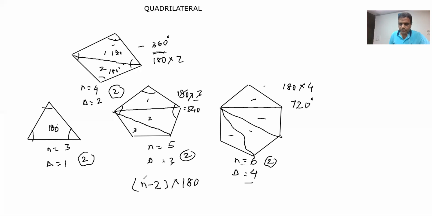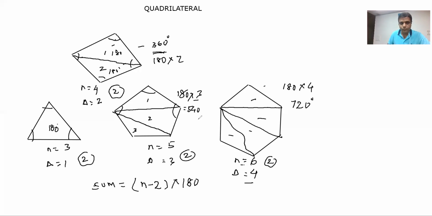Now n can be 3, 5, 7, 10, 15, 20, and so on and so forth. I can find the sum of all the angles of any shape by this formula.